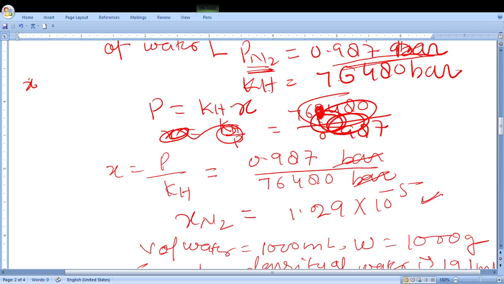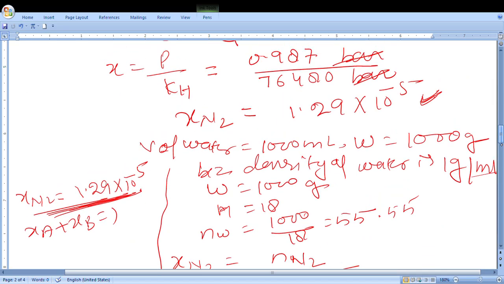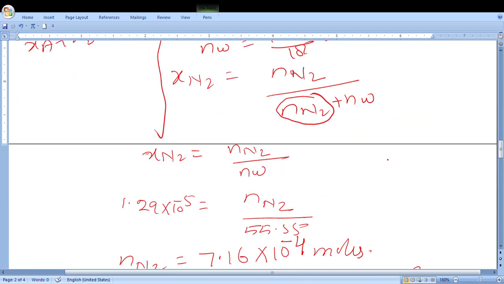The mole fraction of nitrogen is coming 1.29 into 10 to the power minus 5, which is very less than that of the mole fraction of water. So we will remove the moles of nitrogen from the denominator of the mole fraction. Then the exact mole fraction will be N of N2 upon N of water. The number of moles of water will be 55.55 because we had 1 liter of water, and 1 liter of water is equal to 1 kg, that is 1000 gram.